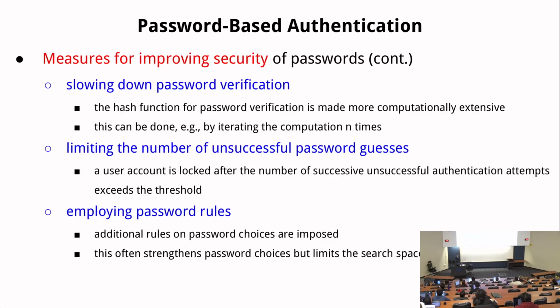Also, websites always employ some kind of password rules, like you have to use so many special characters, or your password has to be 8 or 10 characters long, right? Those rules make people choose longer passwords that fall into a bigger password space. That's the purpose of those rules. And also, to slow down the password verification, we can hash many times. So that's the idea of password hashing actually.